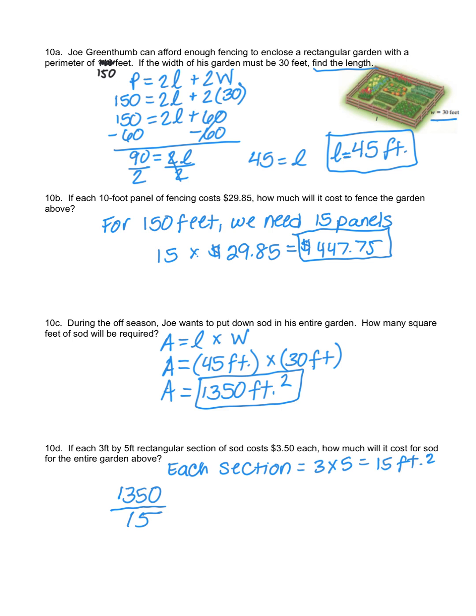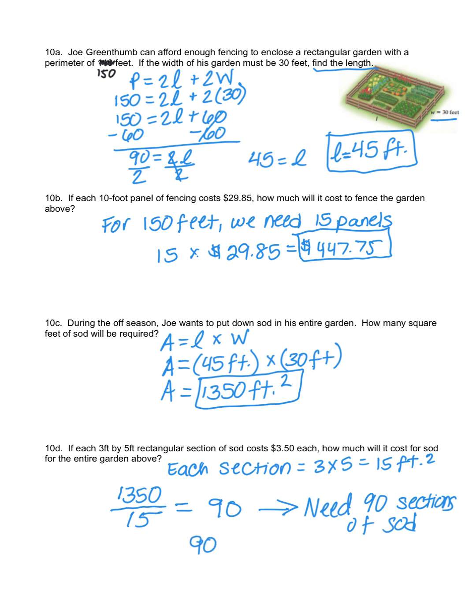So if we do 1350 divided by 15, we should get 90. So we need 90 sections of sod. So we know that each section though costs $3.50.